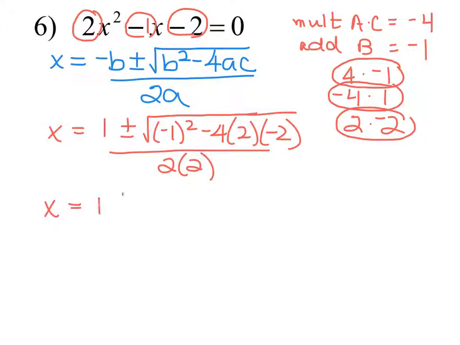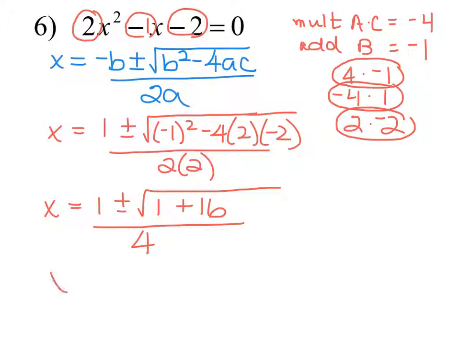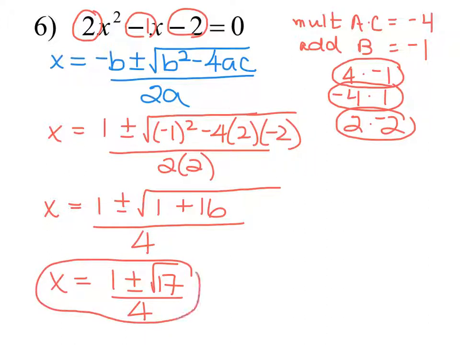And then continuing to simplify, underneath the square root we'll have 1 plus 16, and that's all over 4. And so x equals 1 plus or minus the square root of 17 all over 4. And the square root of 17 we can't simplify any further, so there's our two answers.